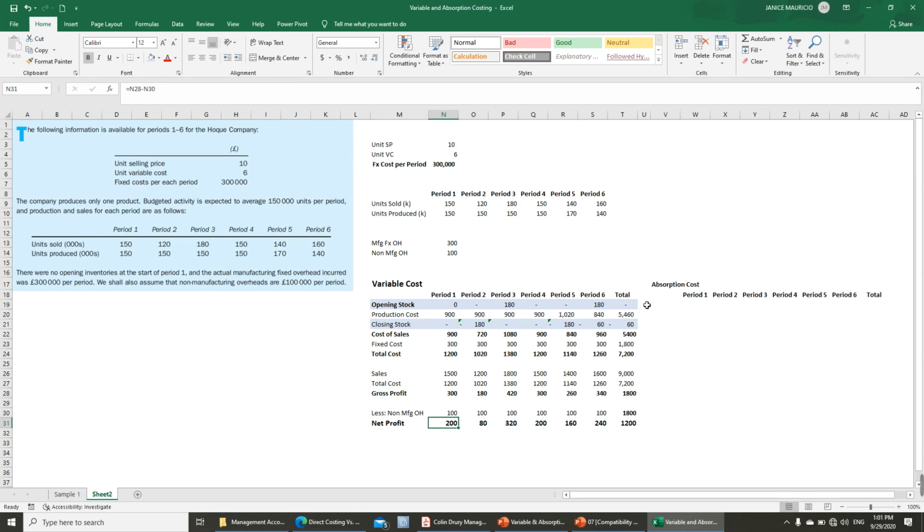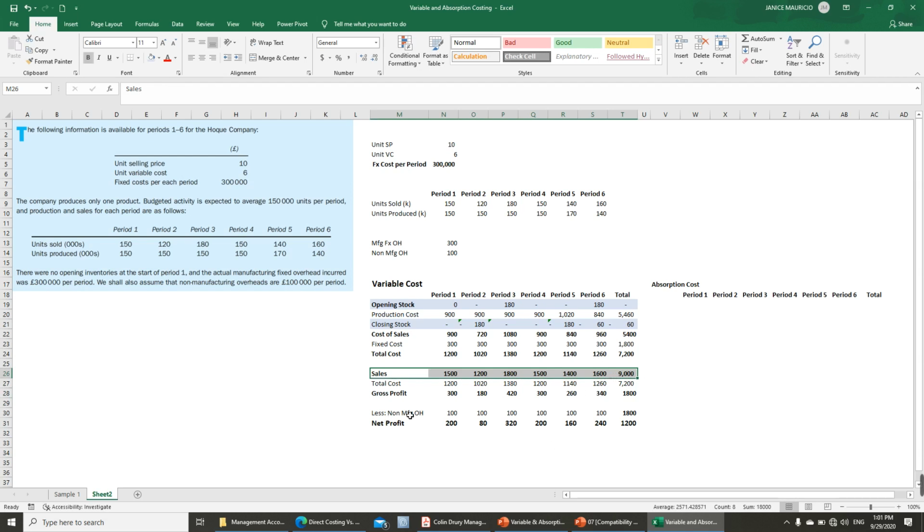So that will give you 280, and so on. And if you add it all together from period 1 to period 6, your total sales is 9 million because these are in thousands. Your total cost is 7.2 million, giving you a gross profit of 1.8 million.